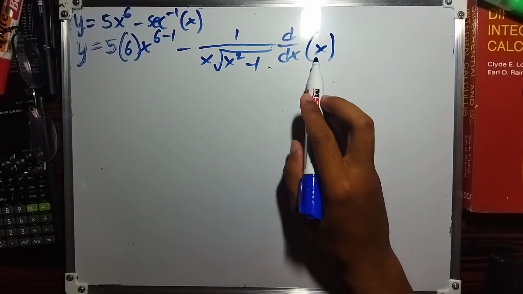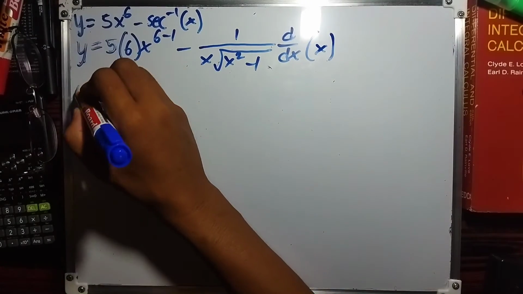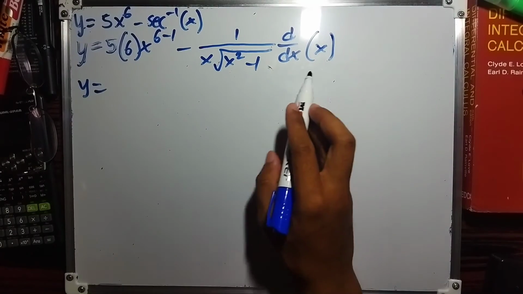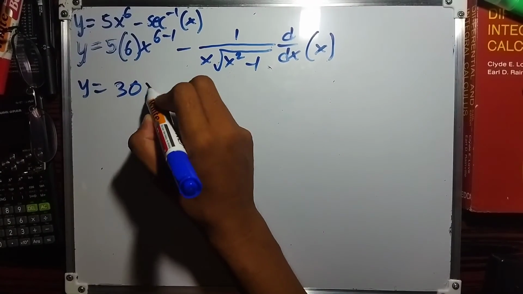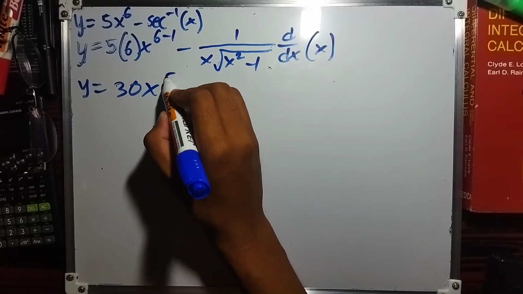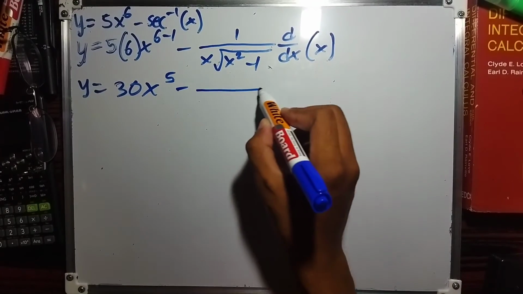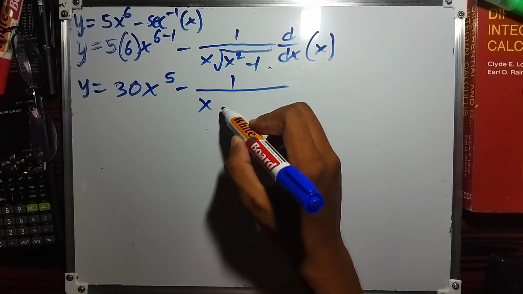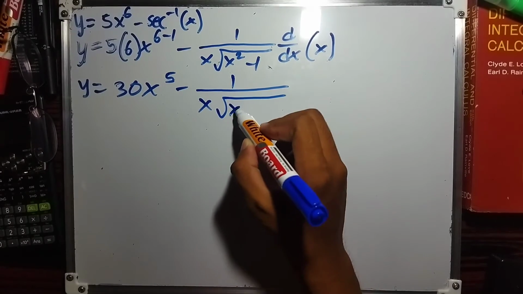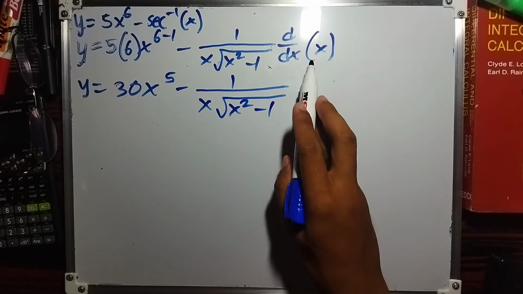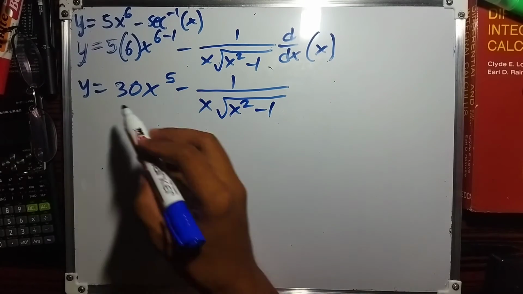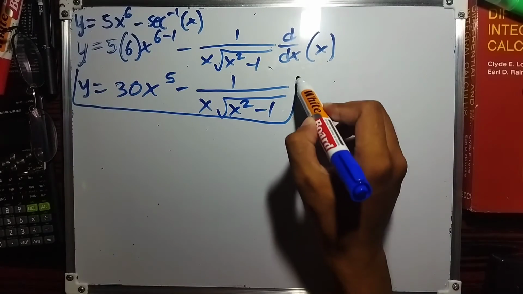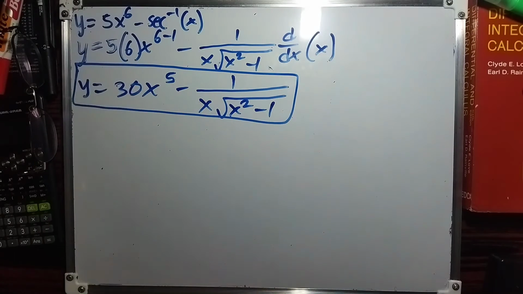The derivative of x is 1, so we have to simplify this already. So 5 times 6 is 30, x to the 6 minus 1 is 5, minus 1 divided by x times the square root of x squared minus 1. The derivative here is 1, so there's no need to put 1 here. So this would be our final answer.